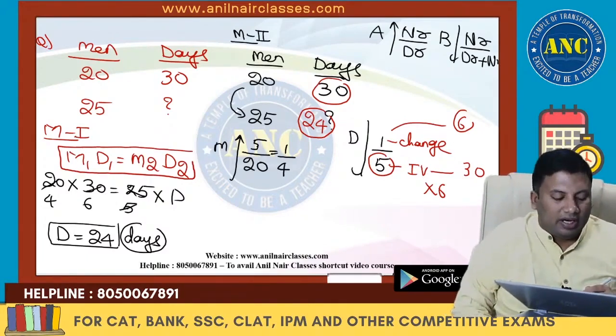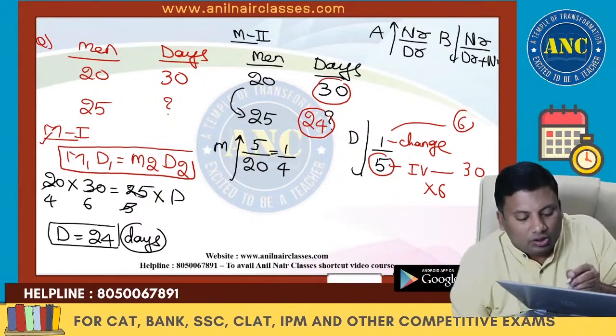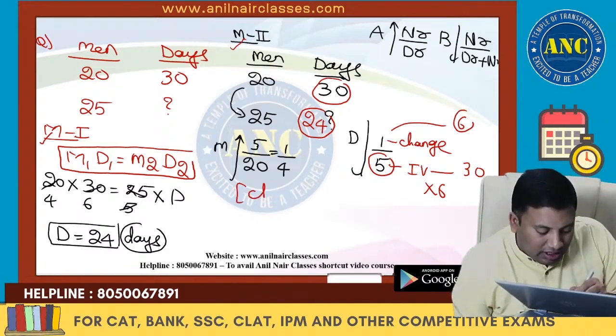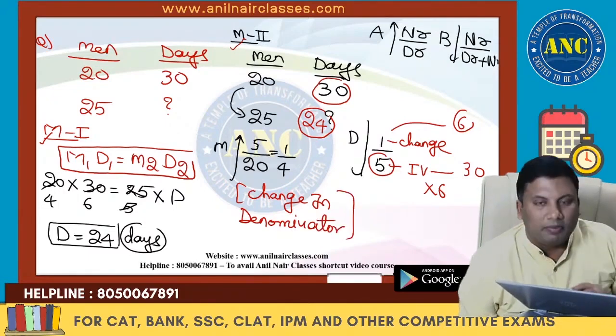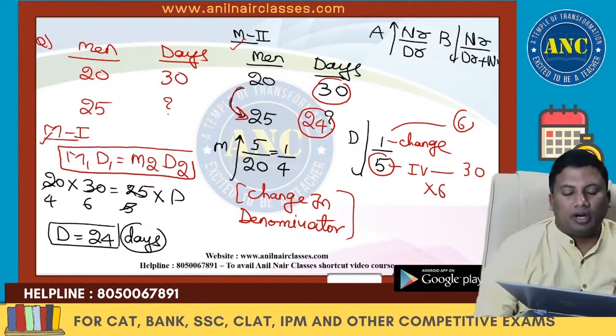M1 D1 equivalent to M2 D2. Everybody knows how to solve it. Method 2 is A into B equivalent to K. Method 2 is the change in denominator concept. 20 men 30 days. 25 men how many days? 20 becomes 25, an increase of 5 on 20.